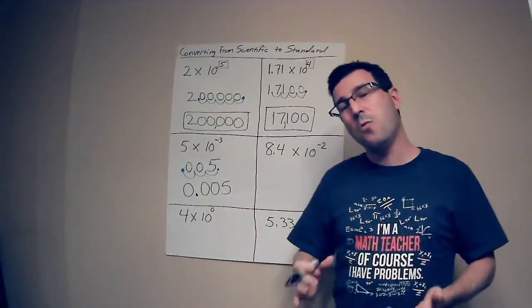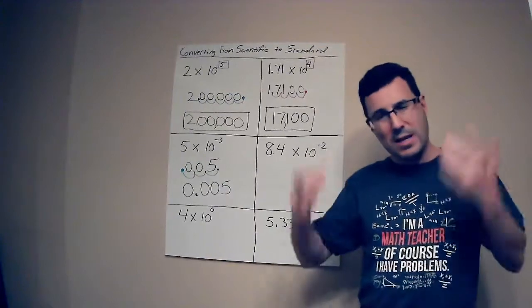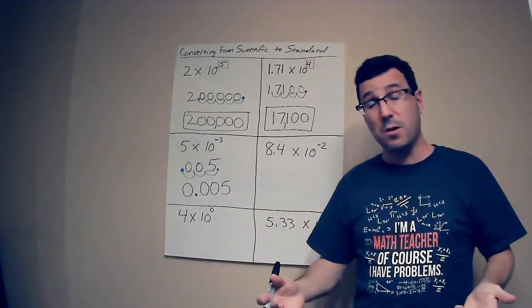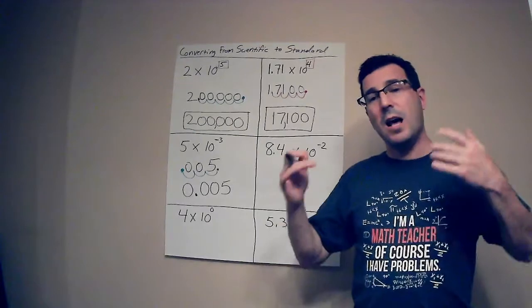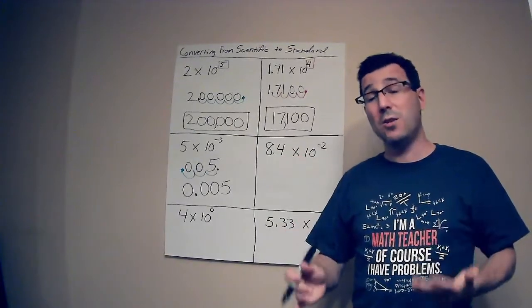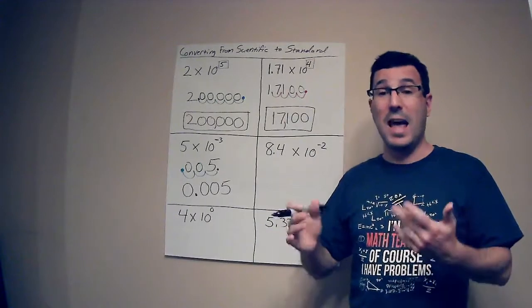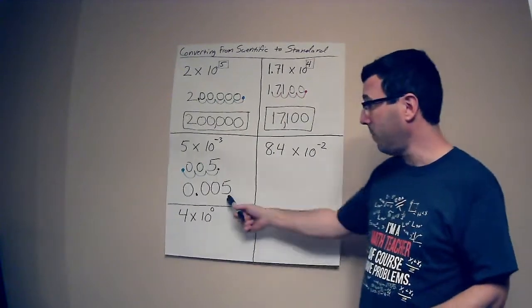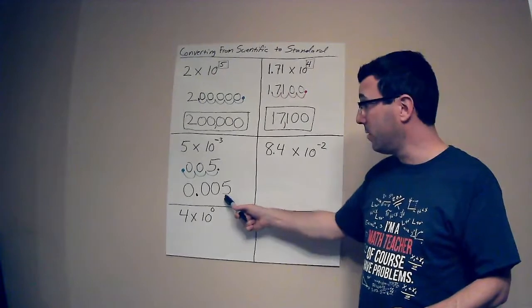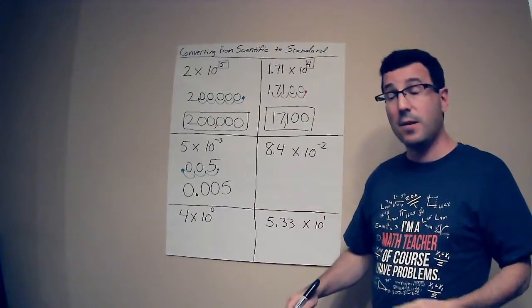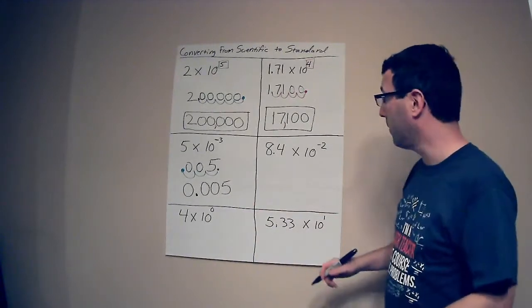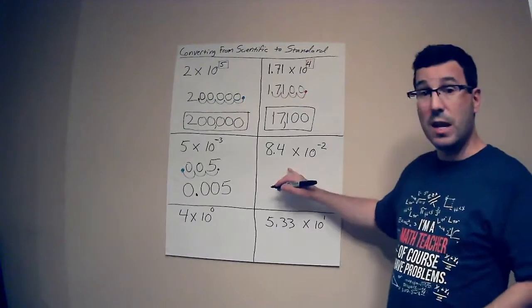I still don't want to fall into that trap though, because if I get used to just putting the same number of zeros as the exponent, I'm going to lose the fact that what I'm really doing is moving the decimal place the number of times that the exponent is. Okay, so 0.005, or 5 thousandths.